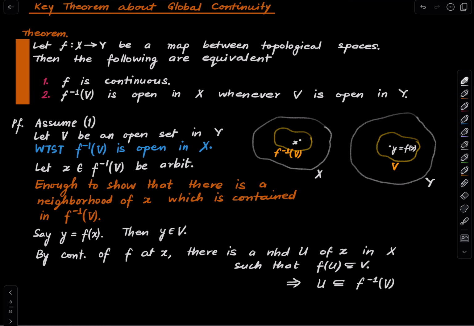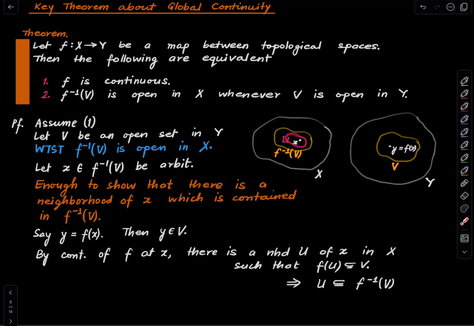So u will look like this. That's u. So we have accomplished this goal. We have found a neighborhood of x which is contained in the pre-image of V, and that's it.